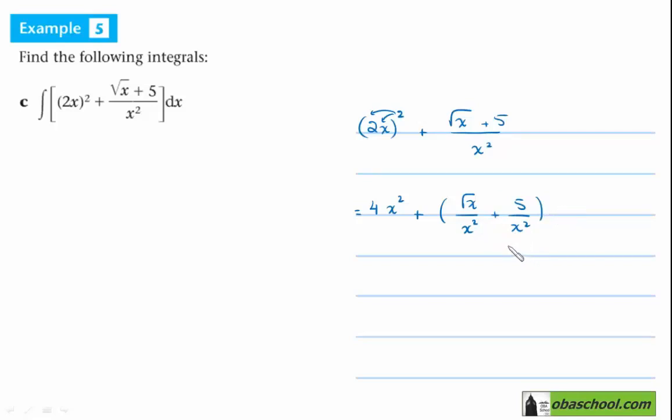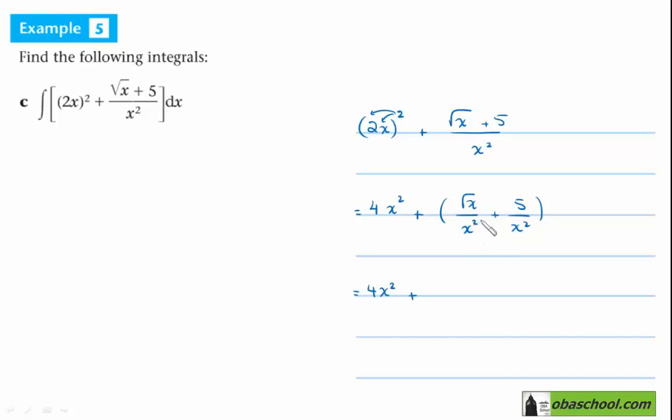So we can write this as √x divided by x² plus 5 divided by x². Now let's work it out more so it becomes easier.